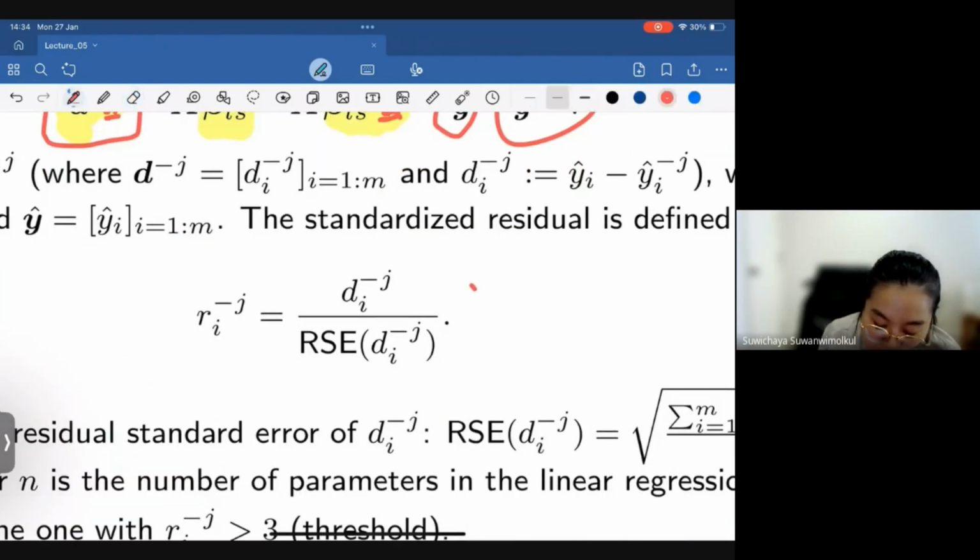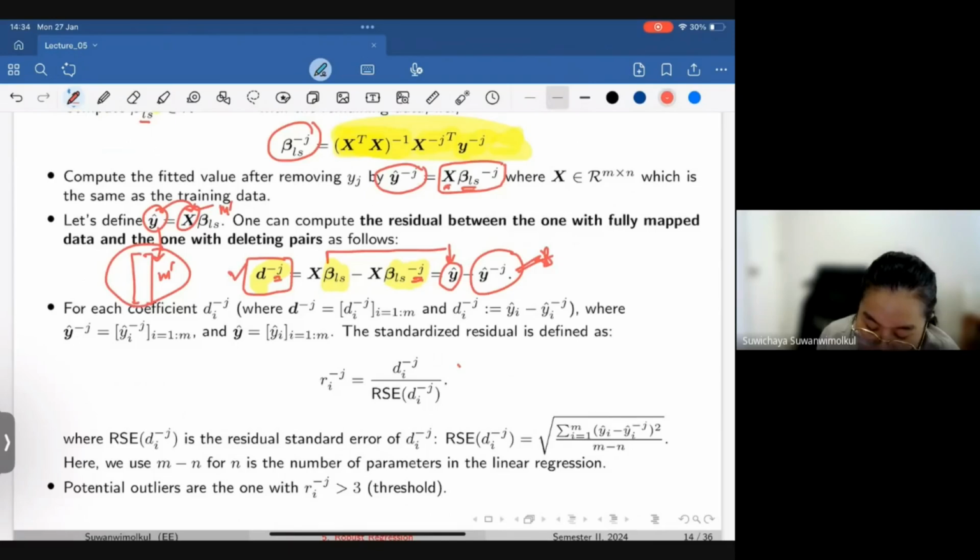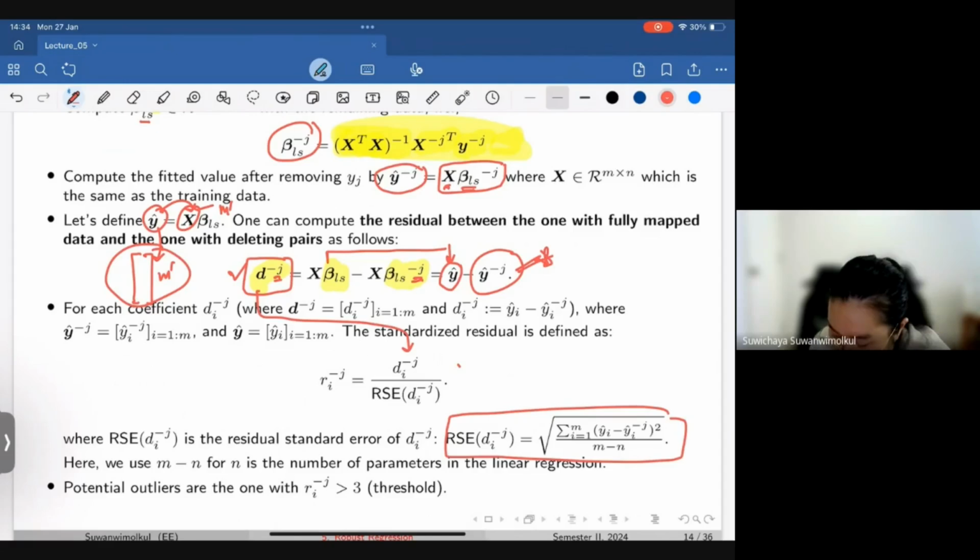So from these dj, it looks like a vector of samples. Sorry, the vector of residual samples. We normalize each of them with the RSE, the residual standard error, and we can compute it using this formulation.